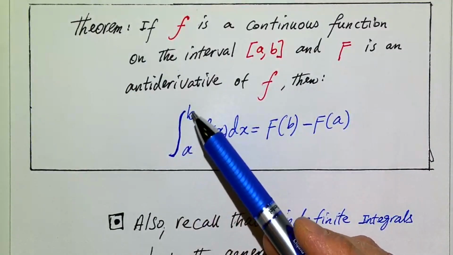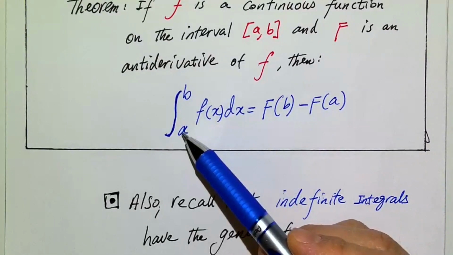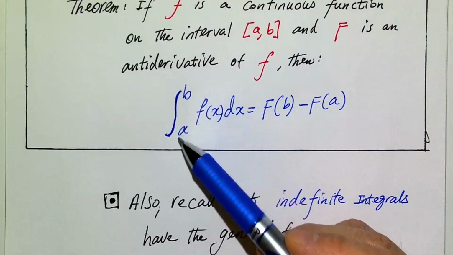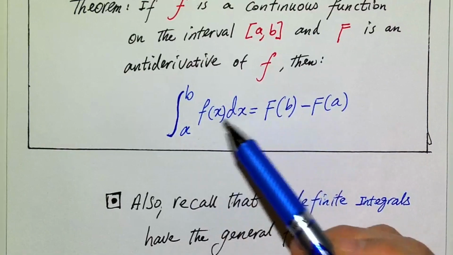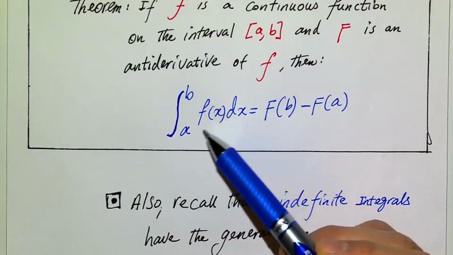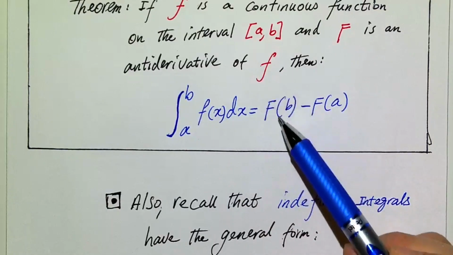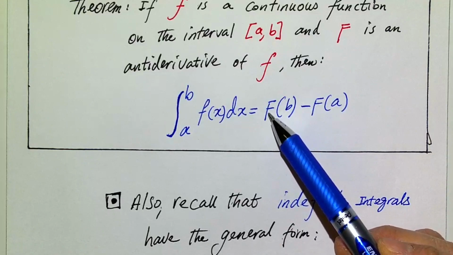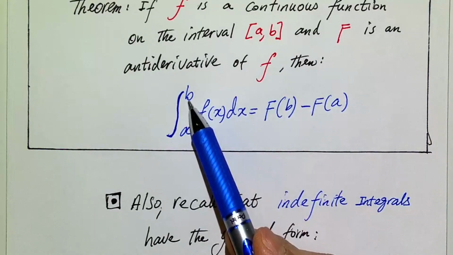What makes this integral definite is the lower and upper limits that you see for this integration symbol. So basically, if we want to integrate a function, we will find the antiderivative of this function, in this case generalized as capital F, and then evaluate this antiderivative first at the upper limit.